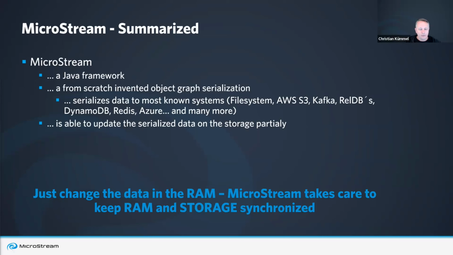And at the end, when you change something within the RAM, MicroStream just serializes the changed part directly to the binary file. So at the end, it will be a binary format, and that could be updated partially.